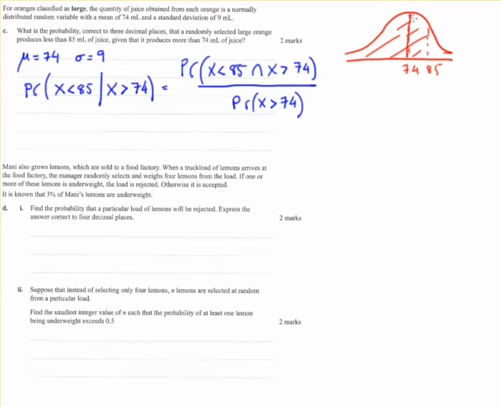The intersection is where they overlap. It's where they're both true. It's an AND function. There's less than 85, and there's greater than 74 here.